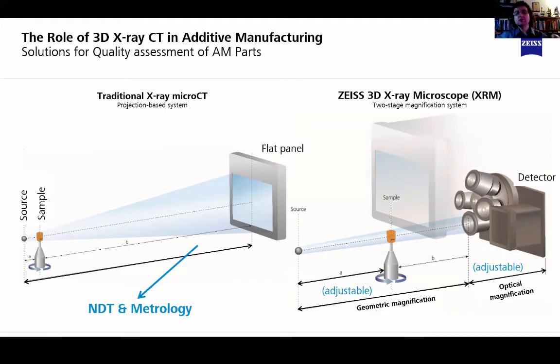This allows achieving submicron resolution capabilities. With traditional projection-based X-ray CT systems, it's difficult to achieve that. This is not a problem for the 3D X-ray microscopes we design at Zeiss because of what we call resolution at a distance, which preserves high-resolution data reconstruction even for larger samples, by combining geometrical magnification with optical magnification.